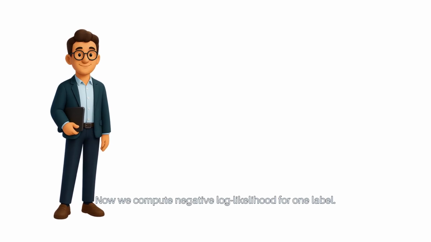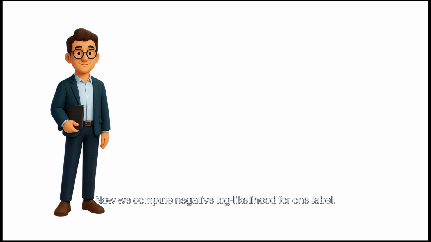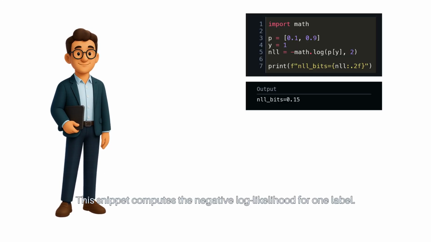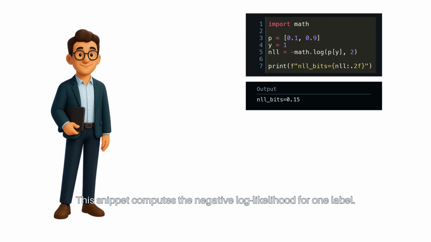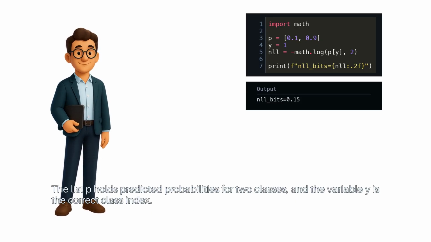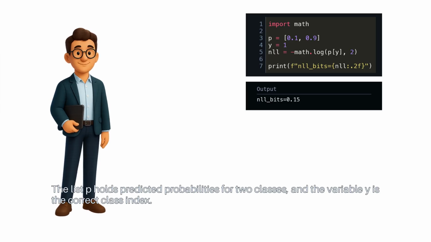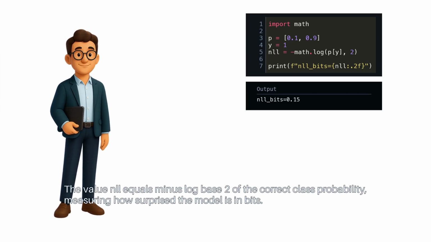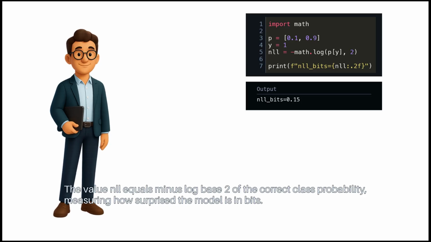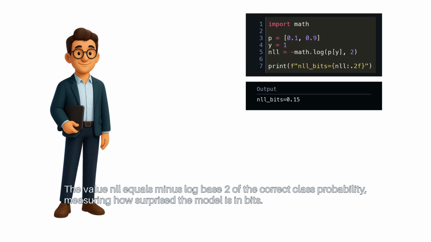Now we compute negative log likelihood for one label. This snippet computes the negative log likelihood for one label. The list P holds predicted probabilities for two classes, and the variable Y is the correct class index. The value NLL equals minus log base 2 of the correct class probability, measuring how surprised the model is in bits.